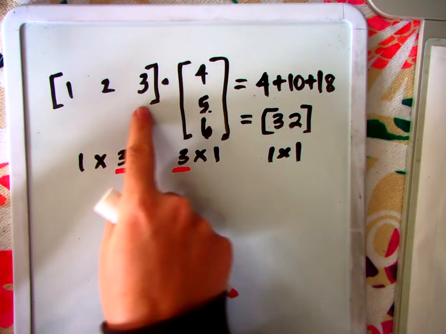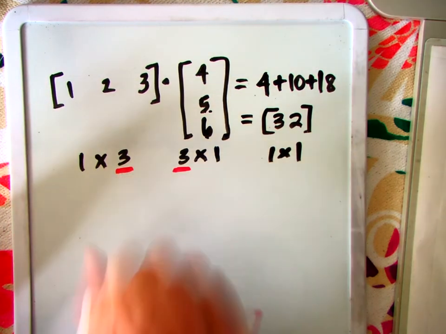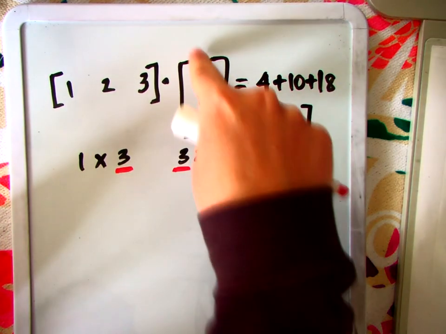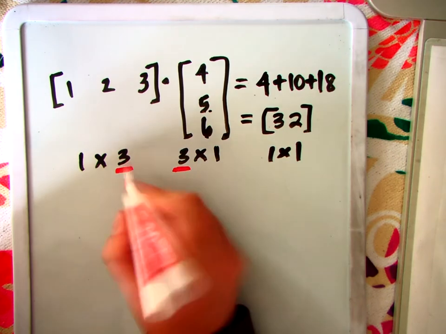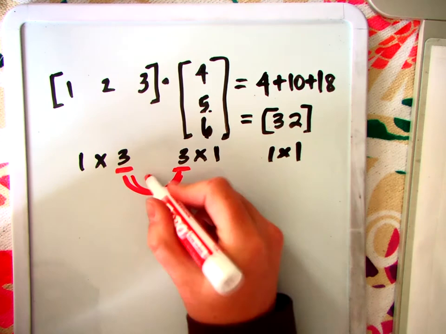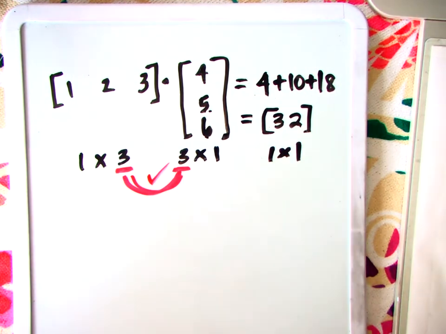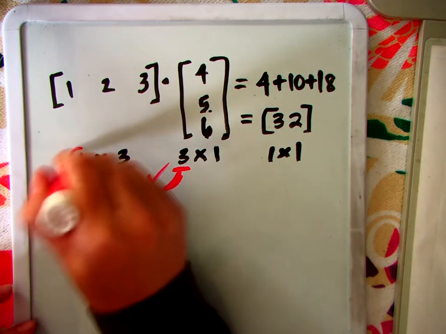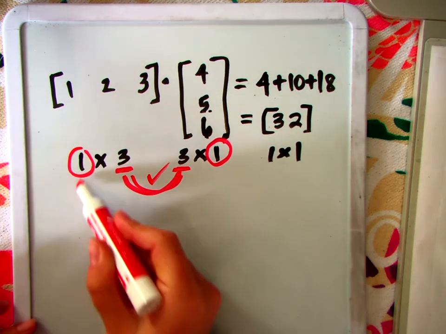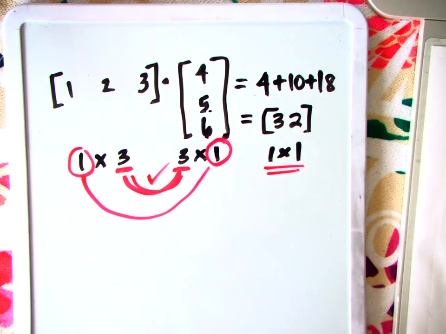So whatever my first matrix is, I write out the dimensions. So this was 1 row, 3 columns, 1 by 3. My second matrix was 3 rows, 1 column. So do you see how these inner numbers are the same? If those two numbers are the same, you are allowed to perform the multiplication. And here's the cool part. Your answer will be the outside numbers. So the answer is a 1 by 1 matrix, and that's exactly what we saw when we did this. So I'm going to show you how to do this a lot.